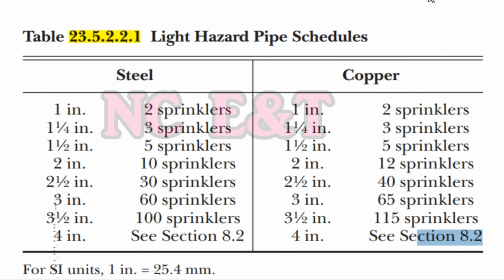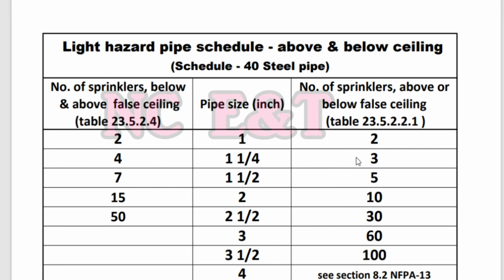As you can see, for light hazard there are two tables in which for the corresponding pipe size the number of sprinklers are different. There is one table as we have seen before for the sprinklers either below the ceiling or above the ceiling, all sprinklers at one side.